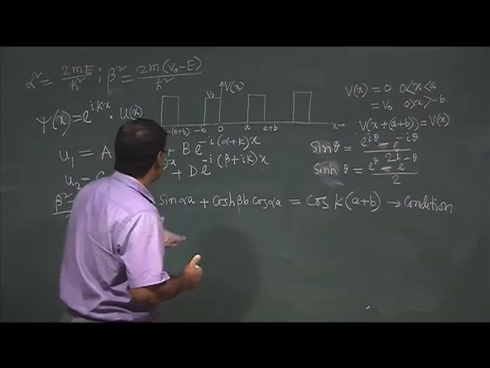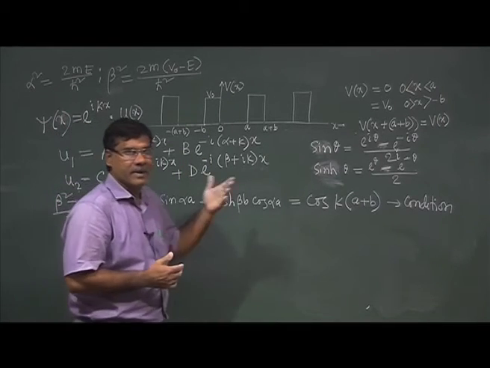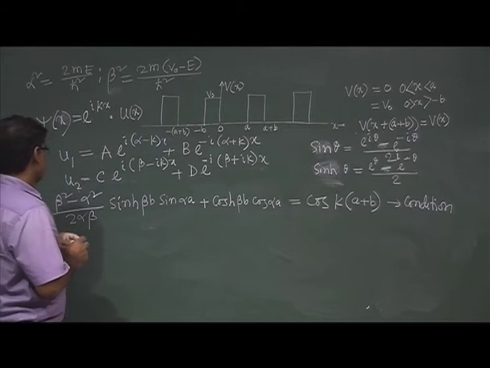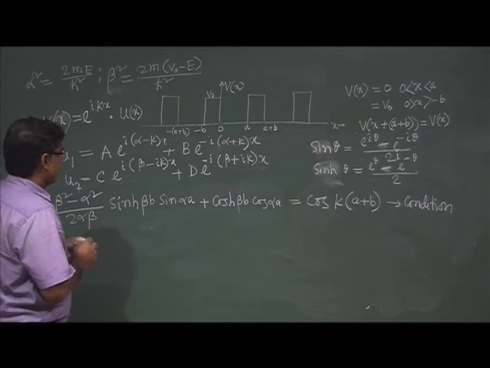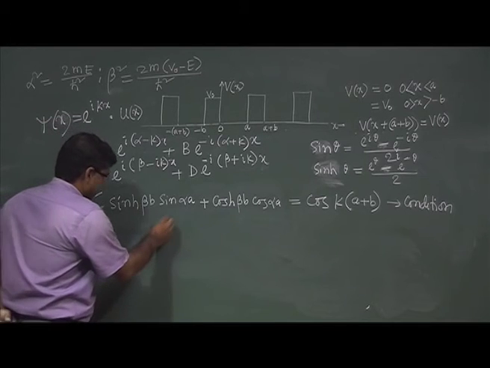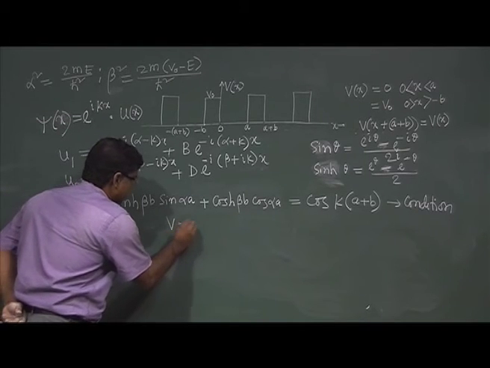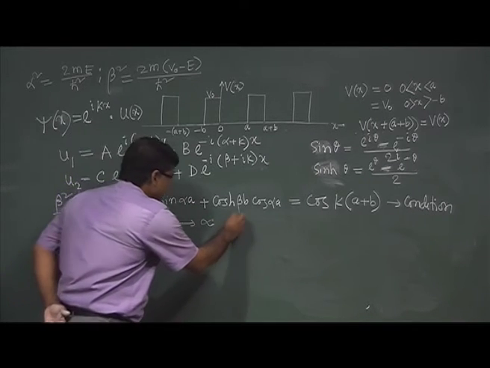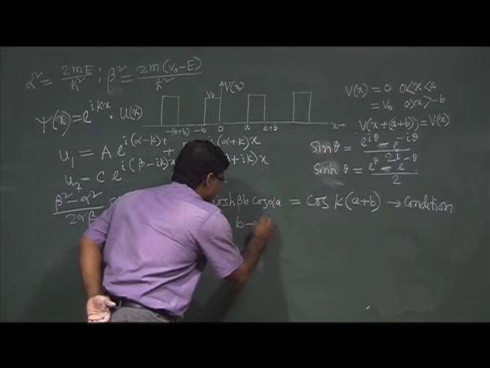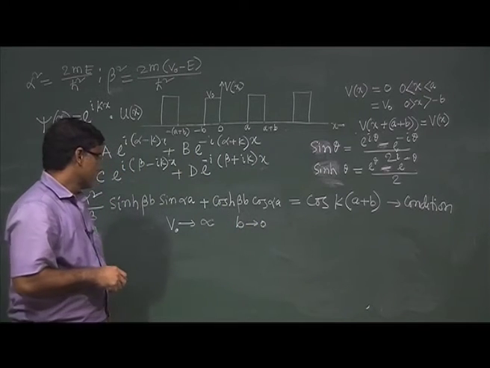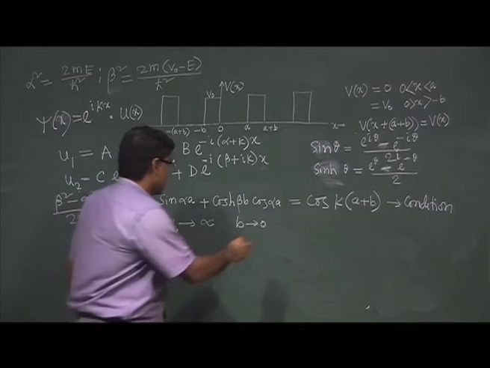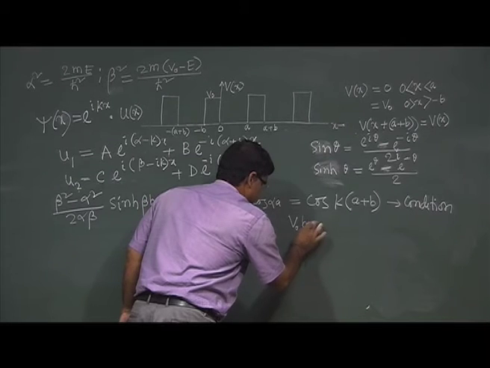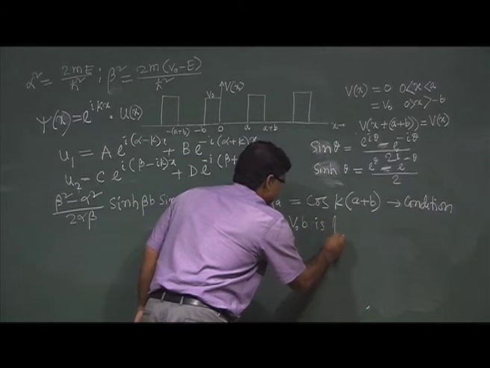To make it simpler, Kronig-Penney considered that V0 tends to infinity and b tends to 0, but V0 times b is finite.